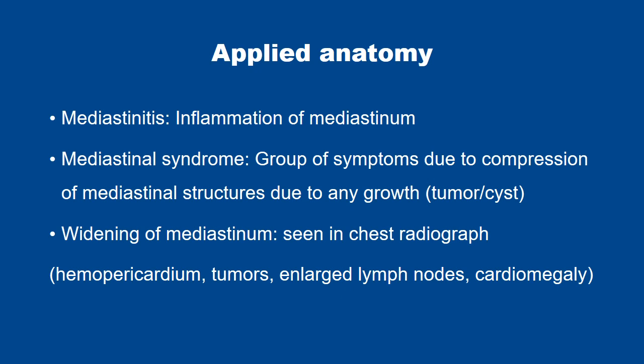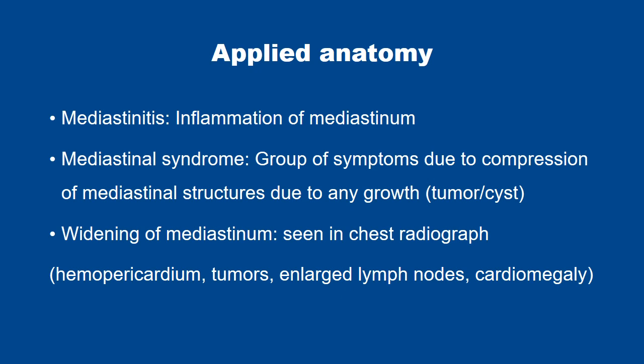Then the applied anatomy. The first clinical condition is mediastinitis. Mediastinitis is an inflammatory condition of the mediastinum. Then the mediastinal syndrome. The mediastinal syndrome is a group of symptoms which occurs due to compression of the mediastinal structures by the growth of tumors and cysts.